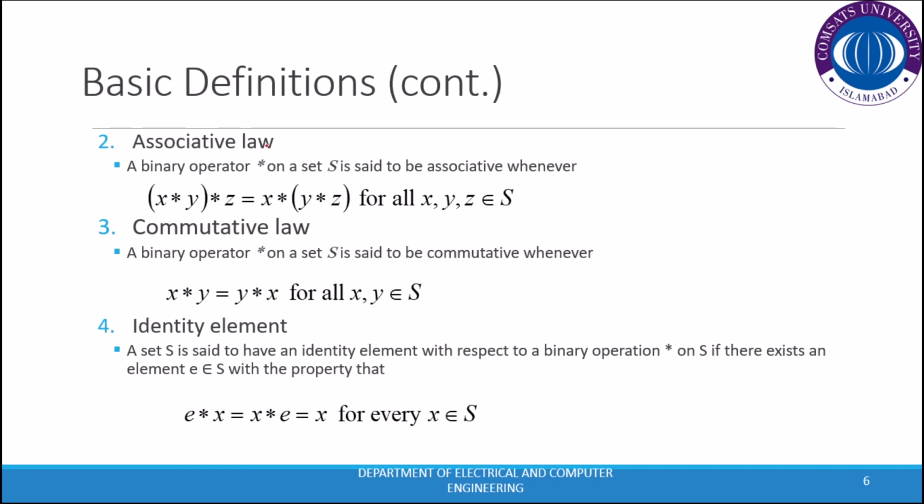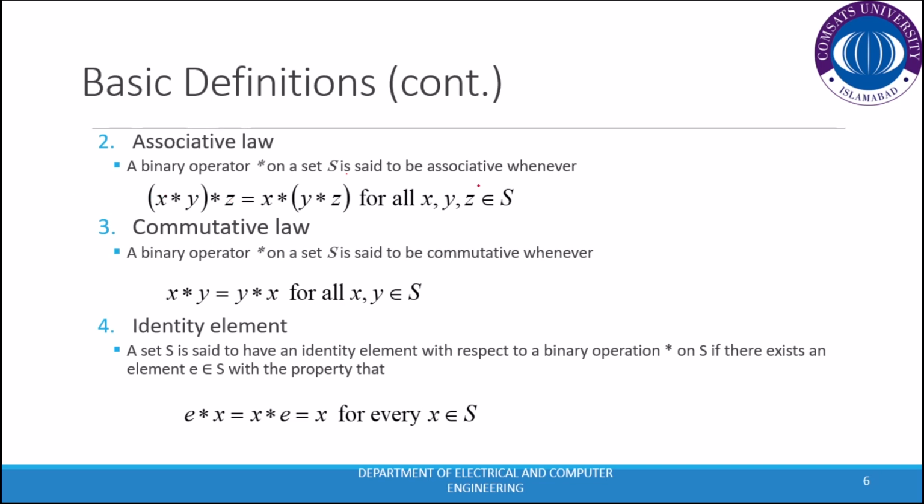Associative law, this we all know, we have studied it in our mathematics courses. Associative law means that a binary operator star on a set S is said to be associative whenever x star y gives an answer, and then we star z.